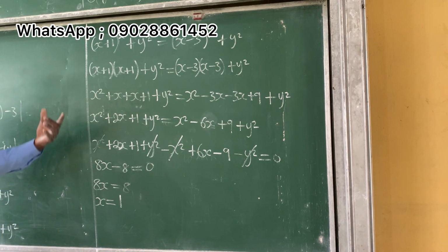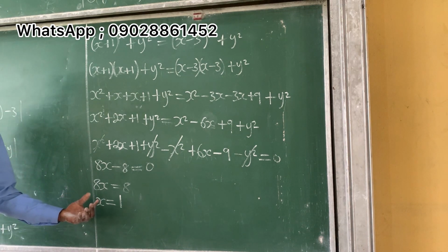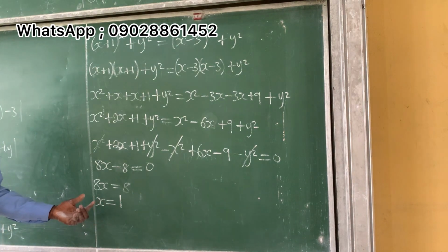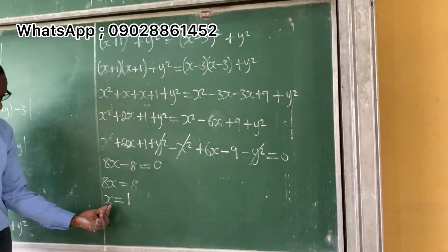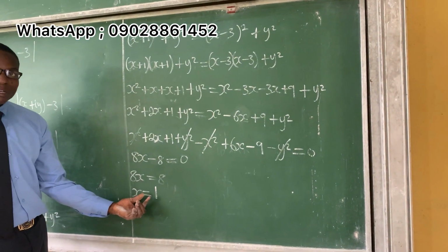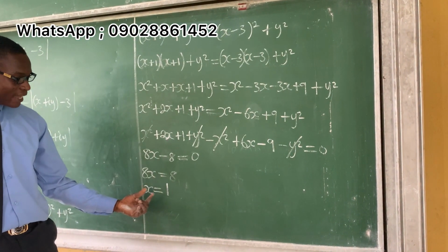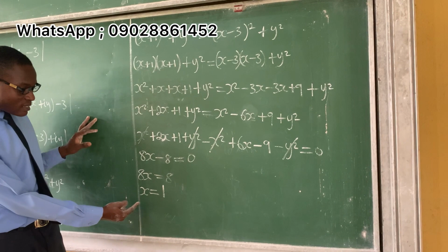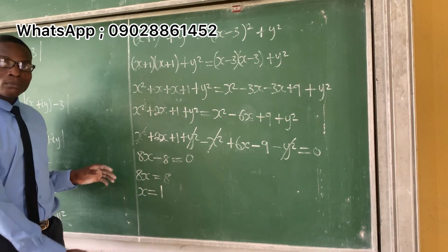So from the question where we have the magnitude of z plus 1 equals the magnitude of z minus 3, this leaves us with x equal to 1. It means that it is a vertical straight line intercepting the x-axis at 1.